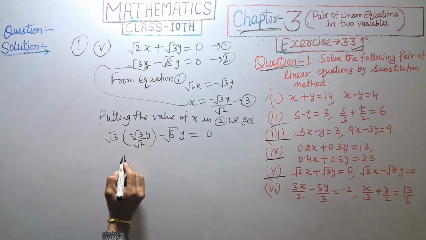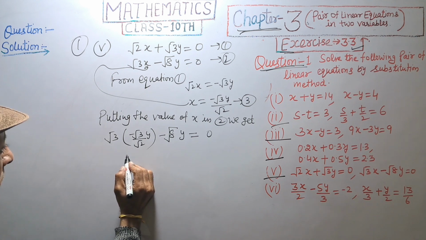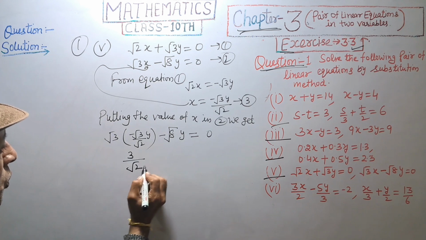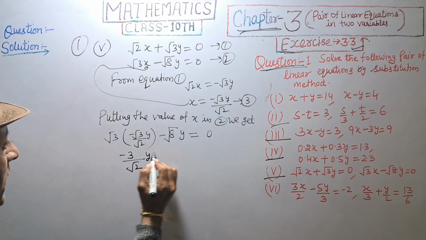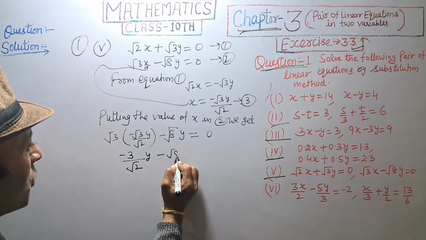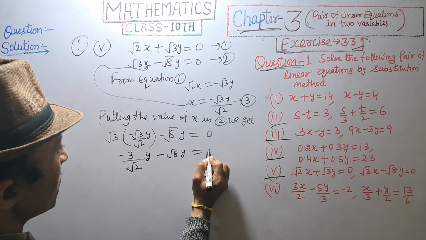Root 3 times root 3 is 3, so minus 3 upon root 2 y minus root 8y is equal to 0.